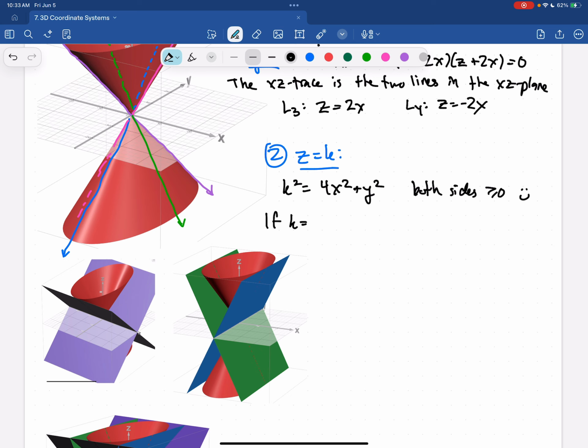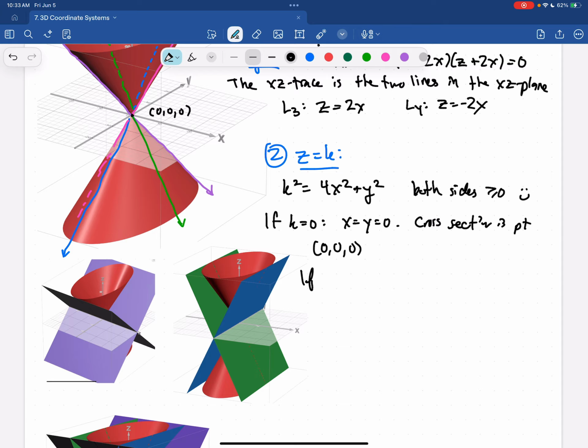If k is specifically 0, x and y will have to be 0, and we get the cross section is just the point 0, 0, 0. So we know that we've shrunk all the way down to the origin.